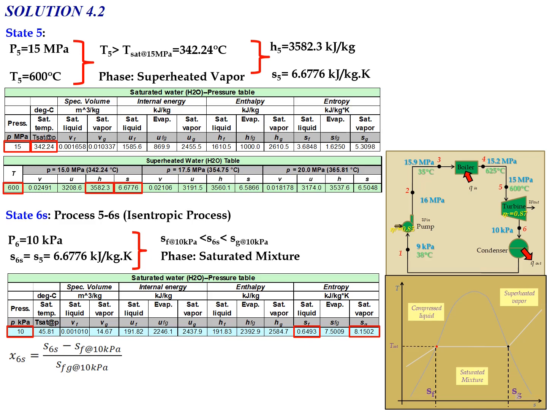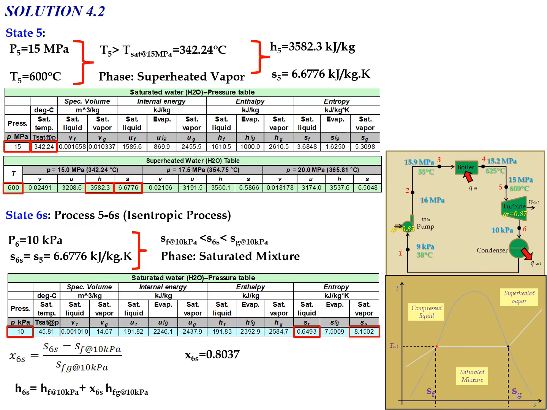The values of SF and SFG at 10 kilopascal we can determine from the saturated water table. Substituting all the values from the table, we can determine that the quality of steam at state 6S equals 0.8037, which is equal to 80.37%.